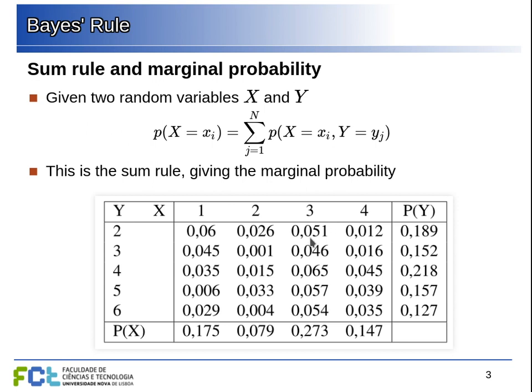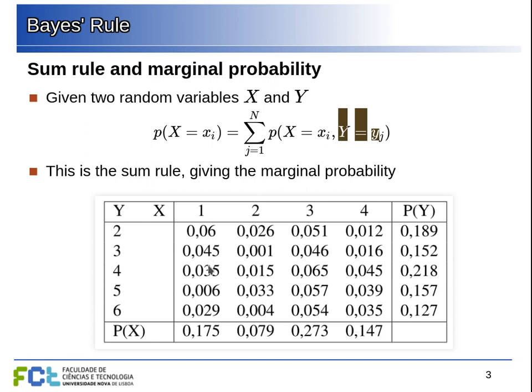Now we can compute the marginal probability of one of these variables having a given value, for example, the marginal probability of x being 1, by summing the joint probabilities of all the occurrences here where x is 1. So we are going to do this sum over all possible values of y and add the joint probability of x being 1 and y being each of those values.